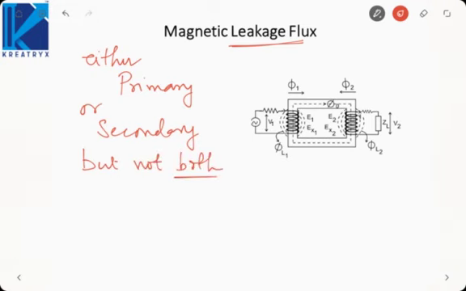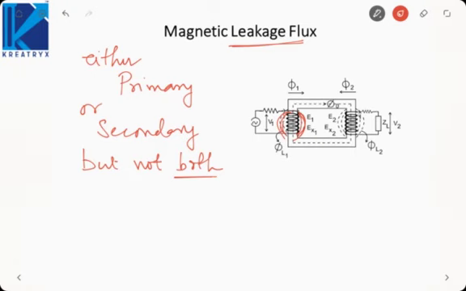Why is it so? When current is flowing in a winding, the flux lines will be passing through the core, as well as some of the flux lines will be passing through this air gap, like this. This flux which passes through the air gap and not through the core is called leakage flux. So this flux will depend on the current carried by the coil.